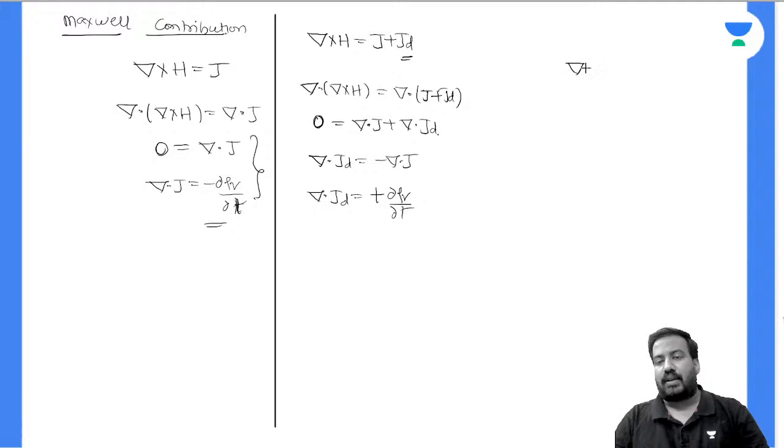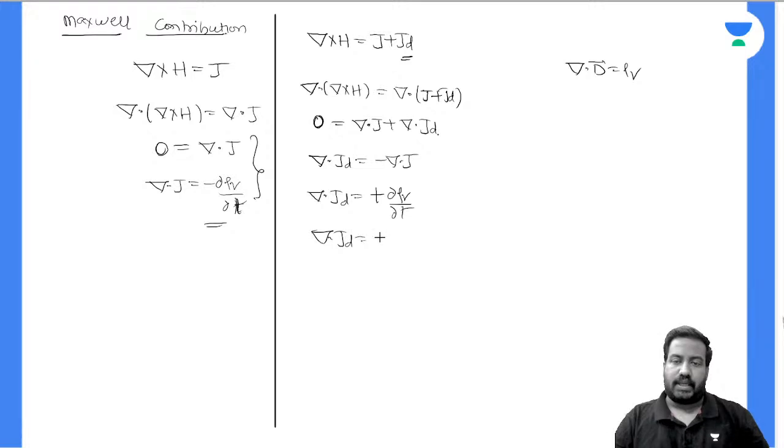We know from Gauss law, del dot D is equal to ρv. Substituting, del dot JD is equal to ∂/∂t of del dot D, which implies del dot JD is equal to del dot ∂D/∂t. This implies displacement current density JD is equal to ∂D/∂t.